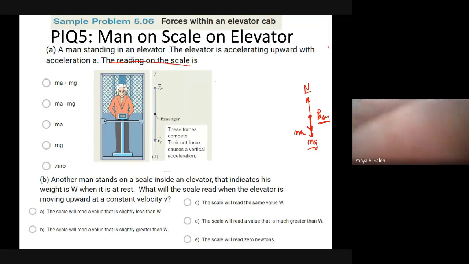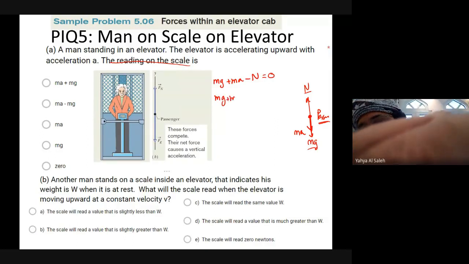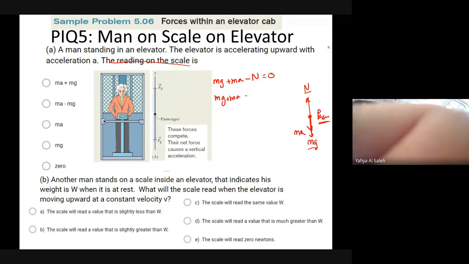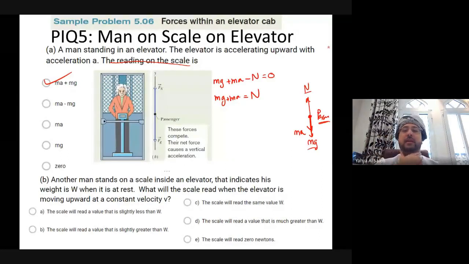And now I will take mg plus ma minus N is equal to 0, mg plus ma is equal to N, and I get this to be my correct answer.